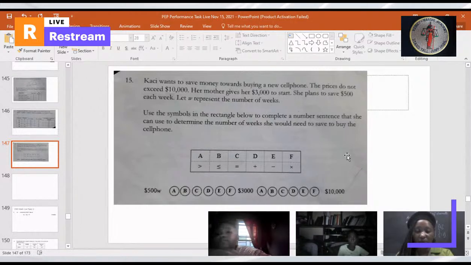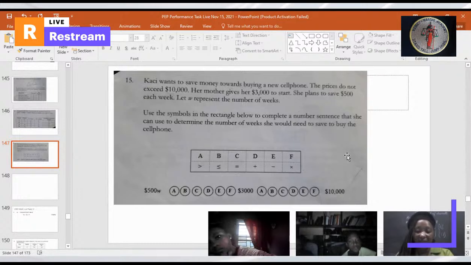All right, so the options we have: A, greater than or equal to; B, less than or equal to; C, equal to; D, plus; E, minus; F, multiply.